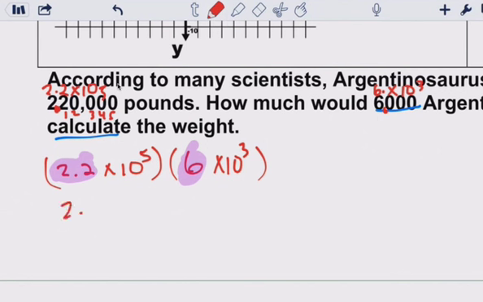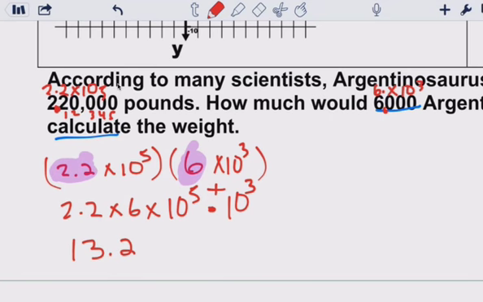So you split that into this: 2.2 times 6 and 10 to the 5th times 10 to the 3rd. You add these two exponents together. It's 13.2 times 10 to the 8th. Now this is not scientific notation.